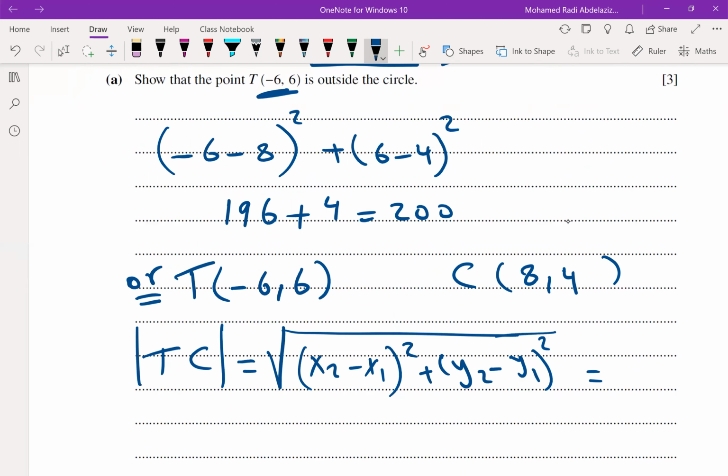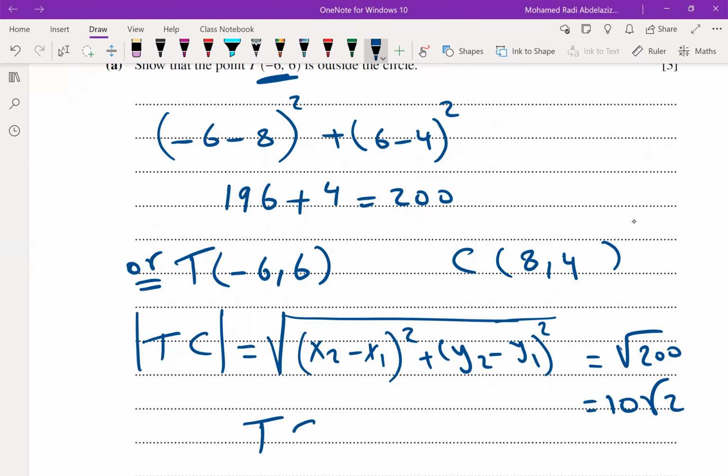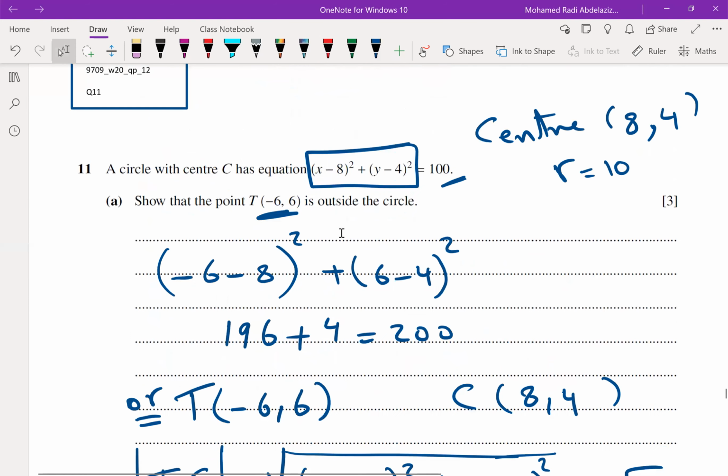You will get, in its simplest form, root 200, which is 10 root 2. Which is more than the radius, so the distance TC is more than the radius. So this means the point is outside of the circle.